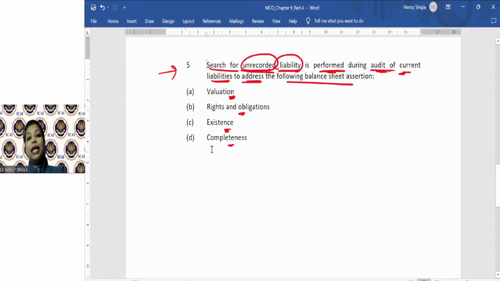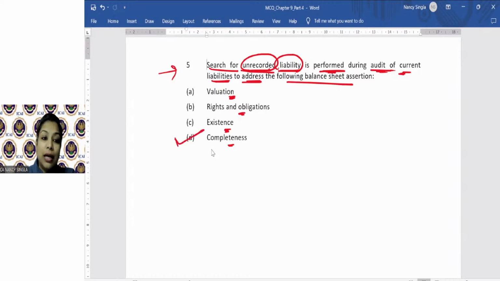Remember, none of the transactions is omitted, or all the liabilities that should have been recorded have actually been recorded. So the answer is what? Completeness. Jyoti, Dyanesh, Kanhaiya, Pritika, Dhruvi, Hemlata, absolutely correct.